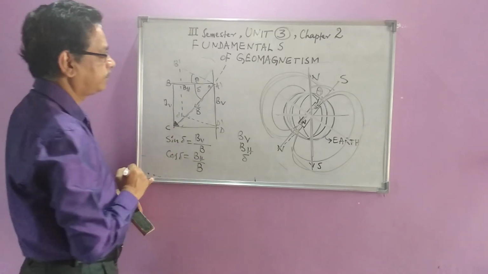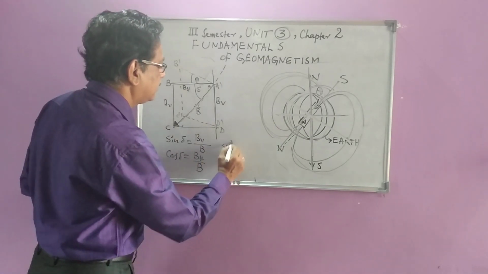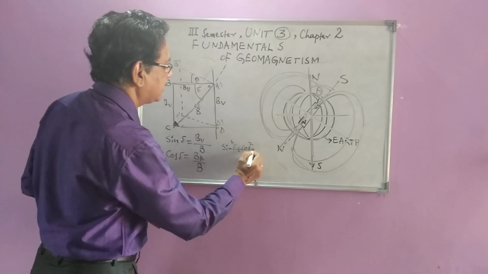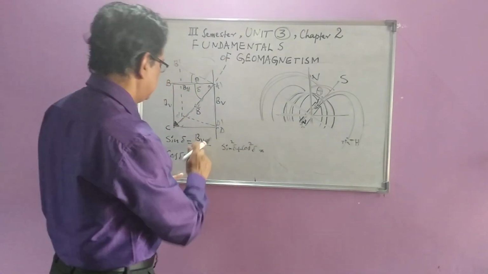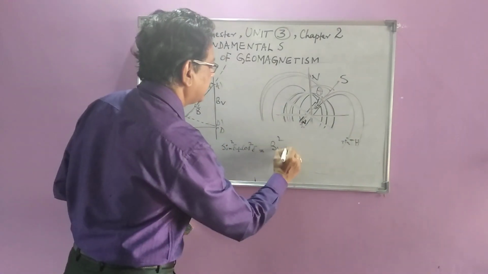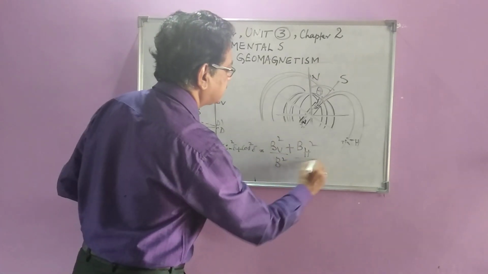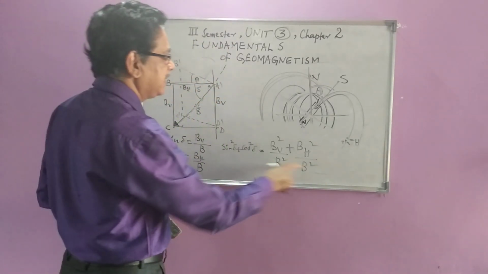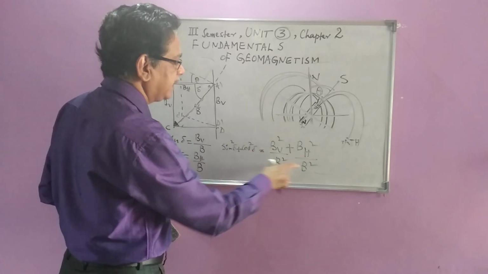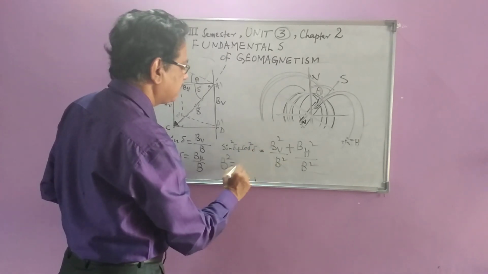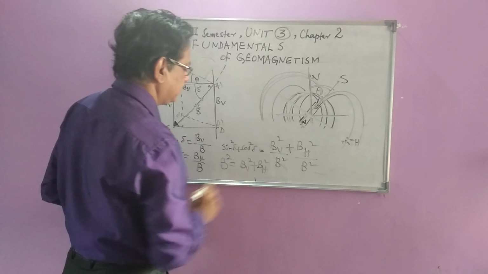divided by B. So from these two, I can write sine square delta plus cos square delta is equal to BV square by B square plus BH square by B square. Since sine square delta plus cos square delta is 1, in the next step I can bring this B square here, so that B square will be equal to BV square plus BH square.